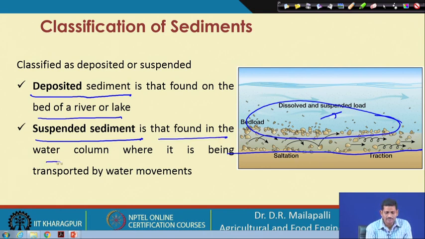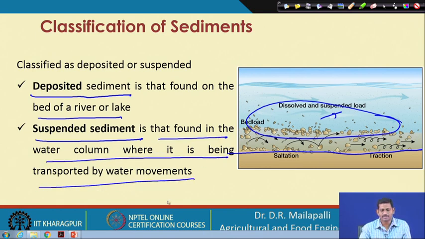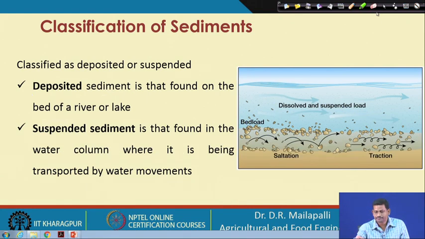It is found in the water column, where it is transported by water movement. Mostly the suspended sediment will be transported from one place to another, whereas bed deposited sediment stays in place unless there is a heavier flow which can affect the bottom of the river.